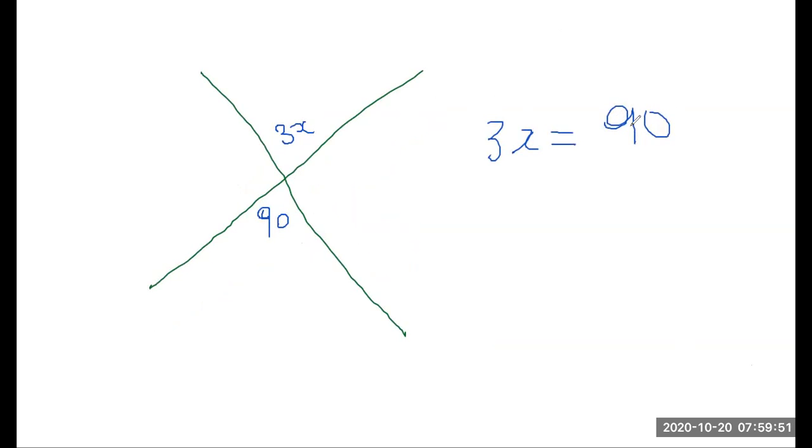The vertical angles are equal to each other. Then I could go in and find what x is. X is equal to 30. So 3 times 30 is 90. So they are equal. They should be because they're vertical angles.